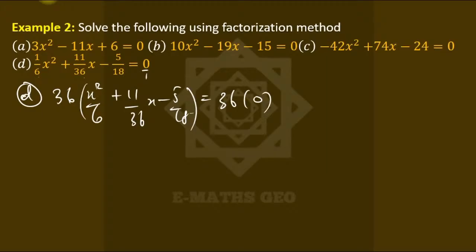So this is 6x squared. Do you see? We've cleared the fraction now. This is 11x and this is minus 10 equal to 0. If you divide each of them by 36, you still get the original expression. But now it's easier. It's better to leave it this way.